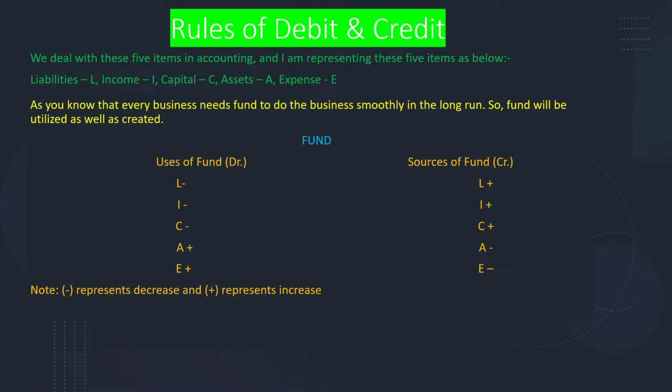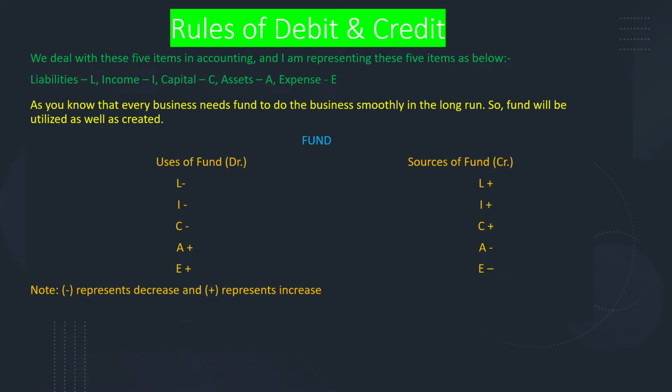Now I would emphasize a little bit on fund. Fund represents the financial resources a business uses and generates, right? Why did I say uses and generates? Every business needs funds to run over a long period. So funds may be utilized, and funds must also be created to run the business for a long period.